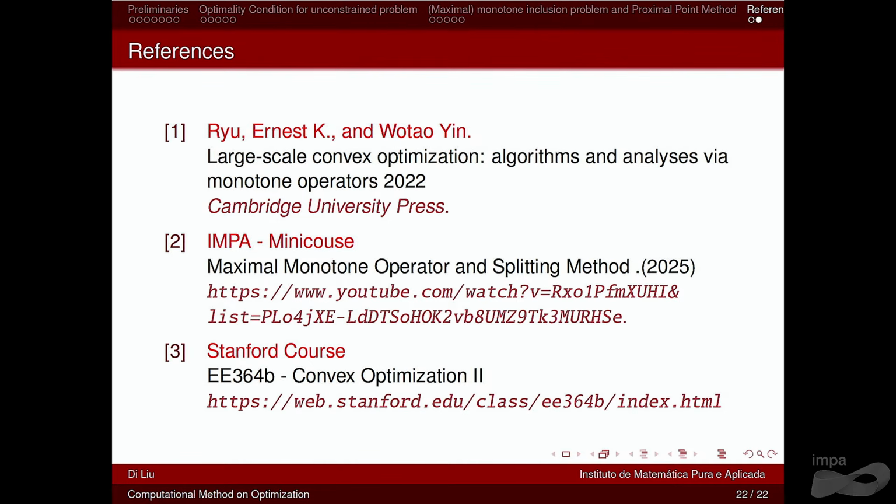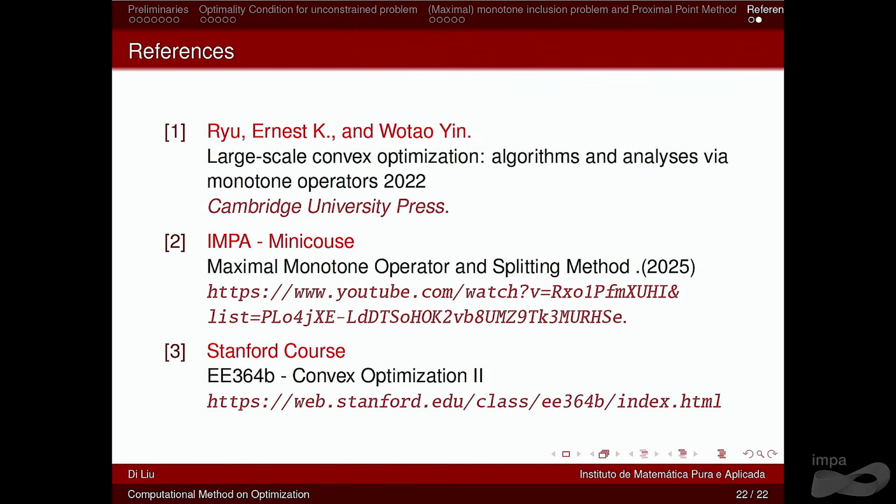This is a link, and you can also find many interesting materials in the optimization course called Convex Optimization 2 on the Stanford University website. The materials there are not very complicated and are very friendly for the audience, even if you are not from the optimization area.